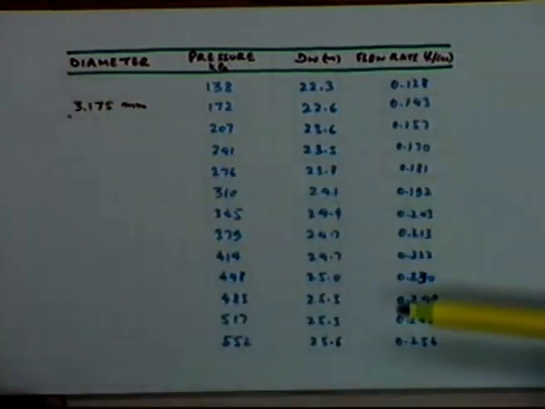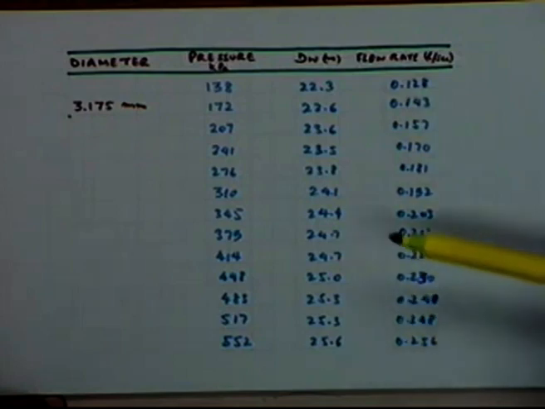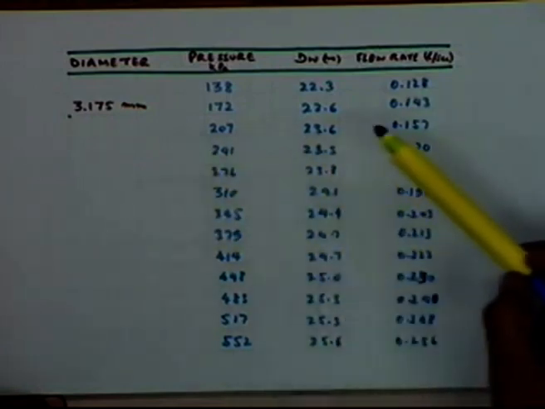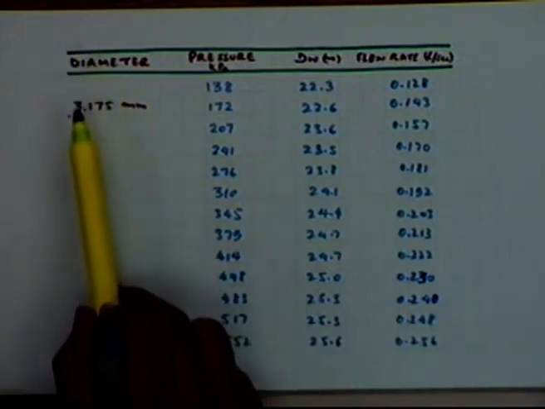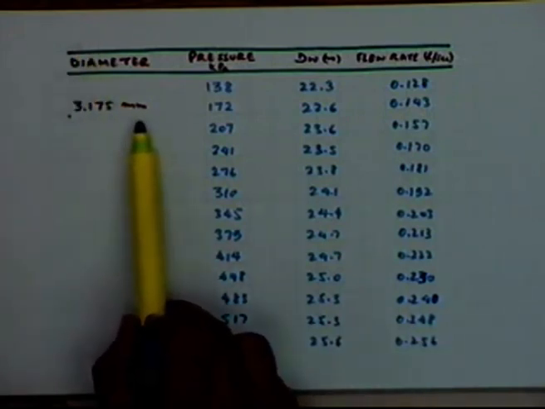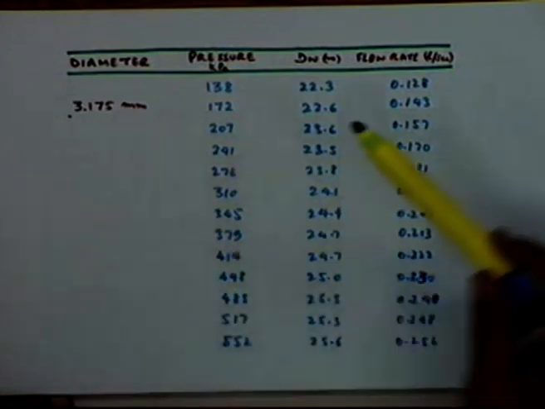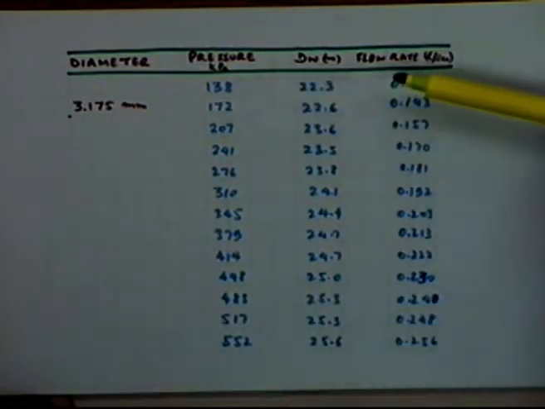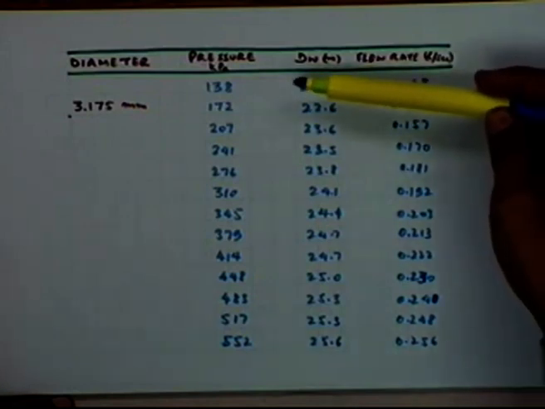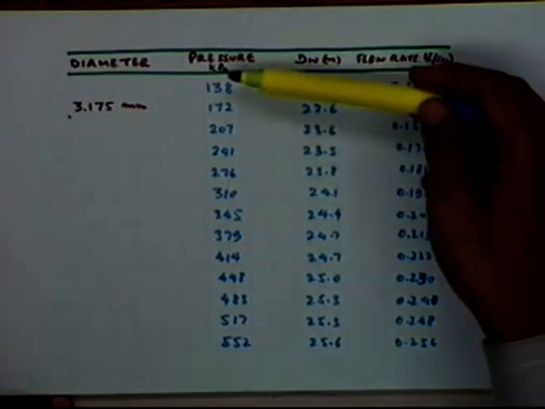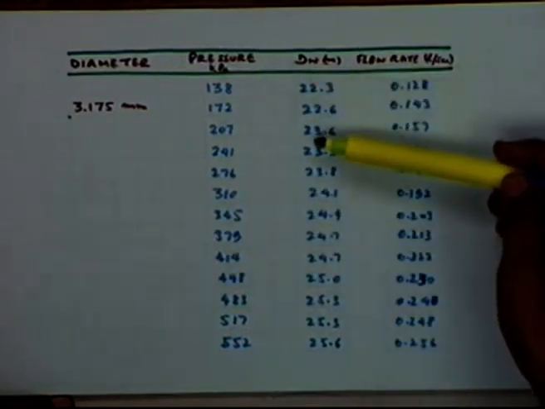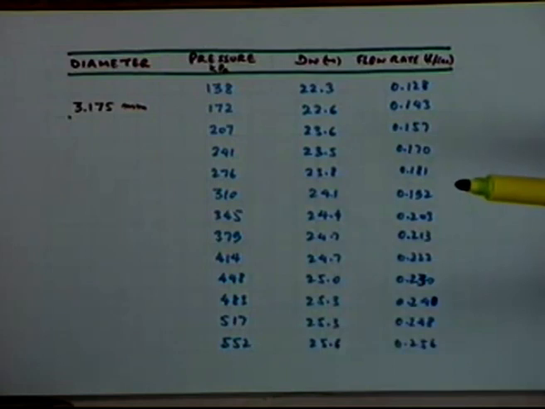There is one table which we have taken, which is the table provided by the manufacturer for a specific model of the nozzle which has a diameter of 3.175 millimeters, and the discharge variation is given with respect to the pressure variation and what will be the wetted diameter.